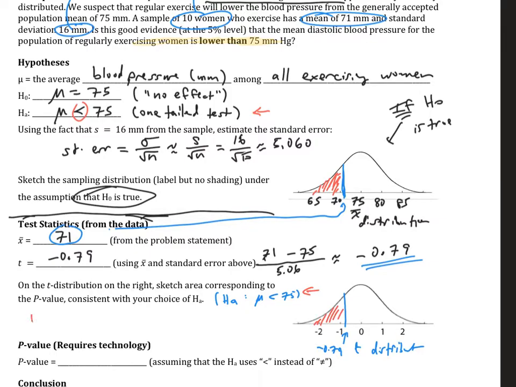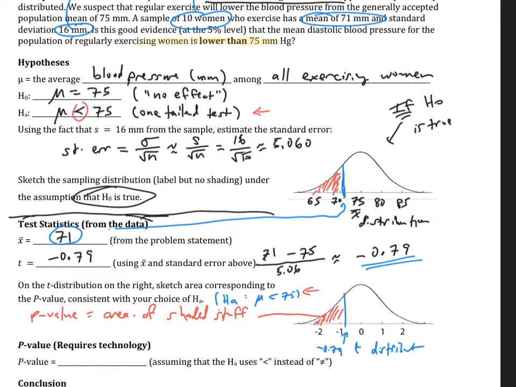So the p-value is equal to the area of this shaded bit. And remember that total area under the curve is 1, so the p-value is just the proportion of the curve that's shaded.